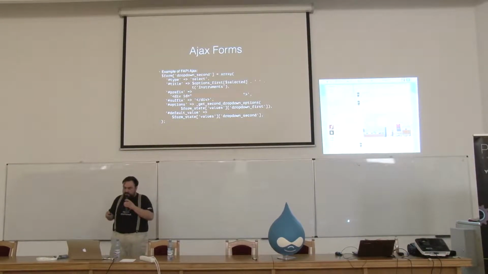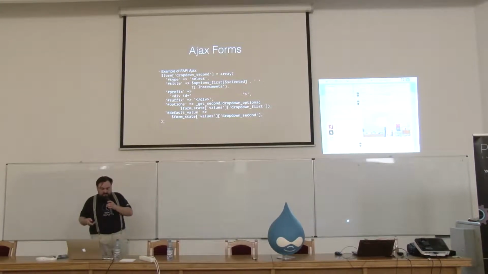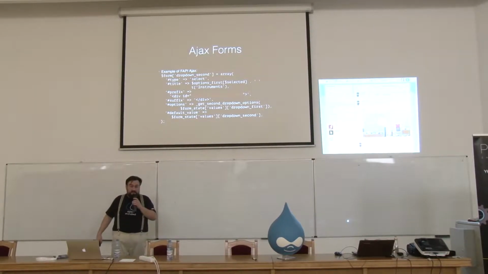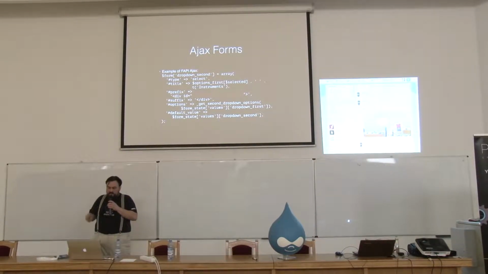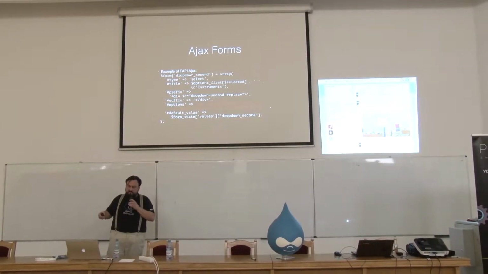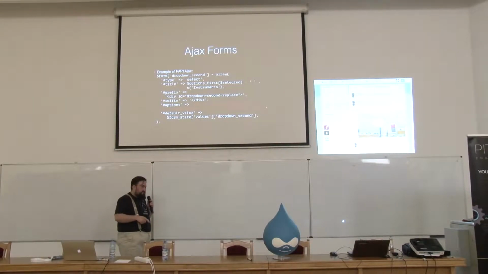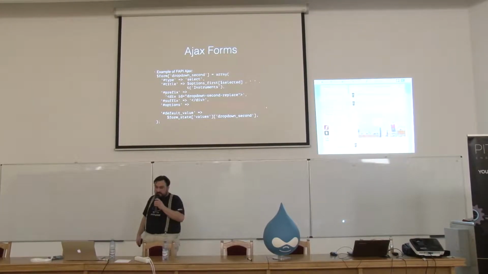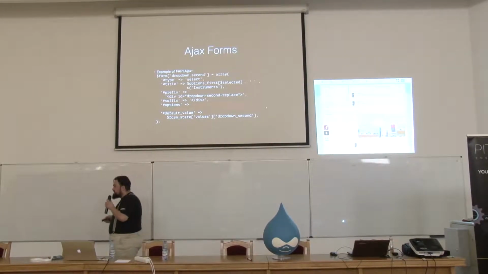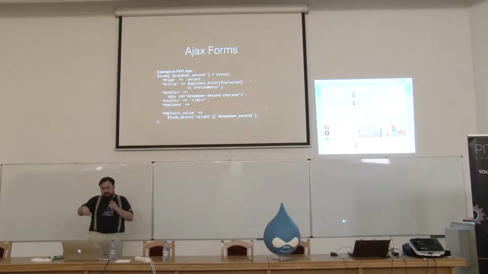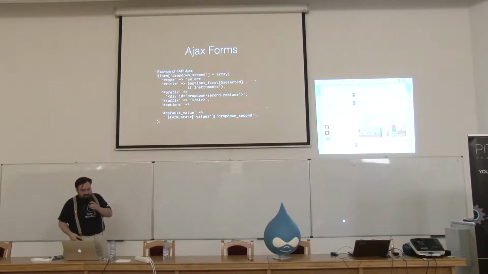On the second dropdown, we prefix it with dropdown second replace, so that means that the whole element will be replaced when Ajax happens. We define a function to get the options based on the value from the first dropdown. So we take into account that this will be a second submission when the first dropdown has changed and triggered this Ajax request.